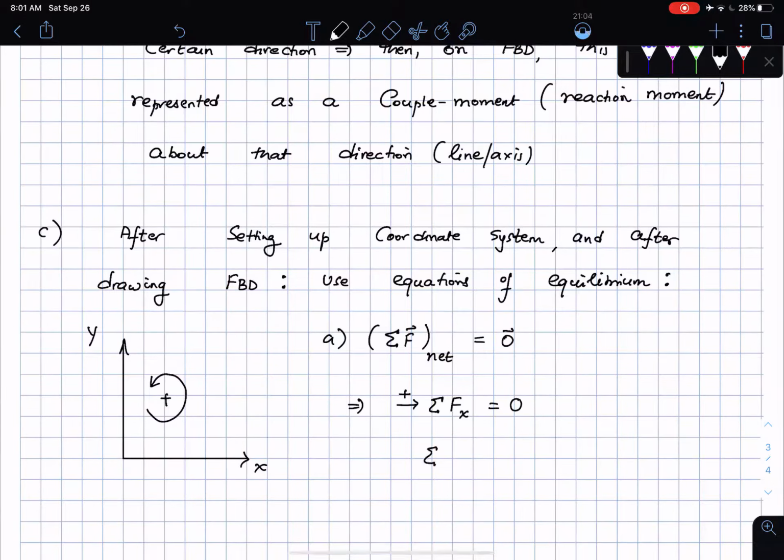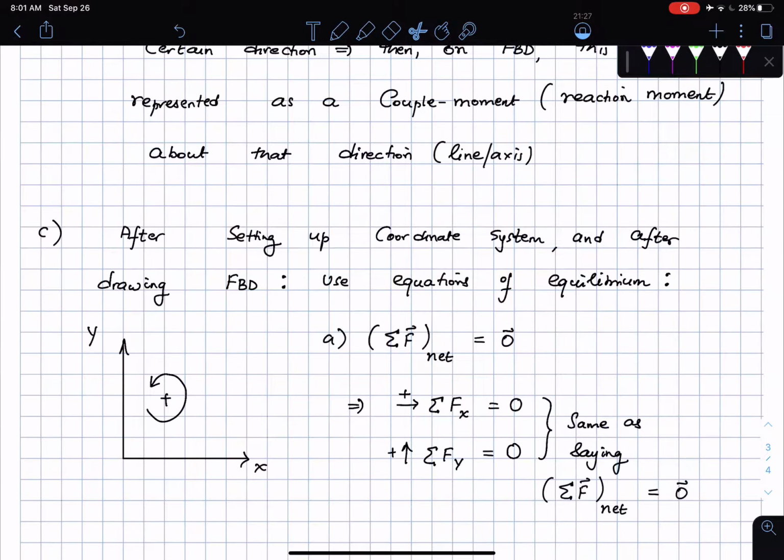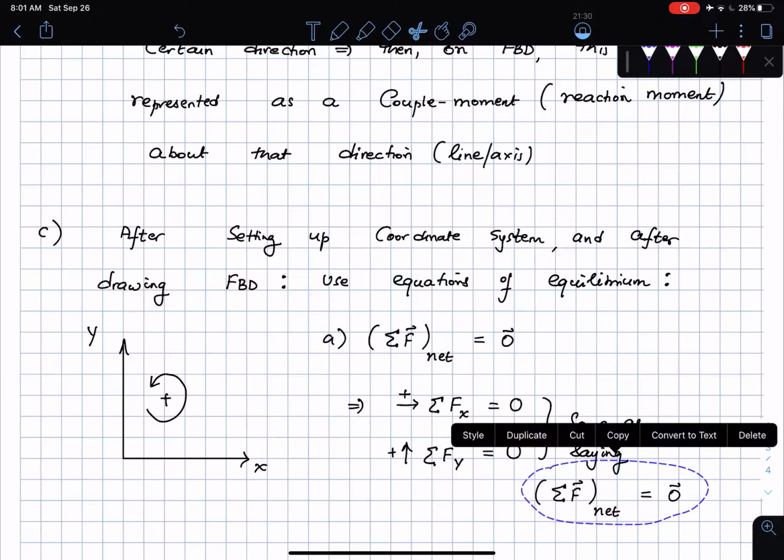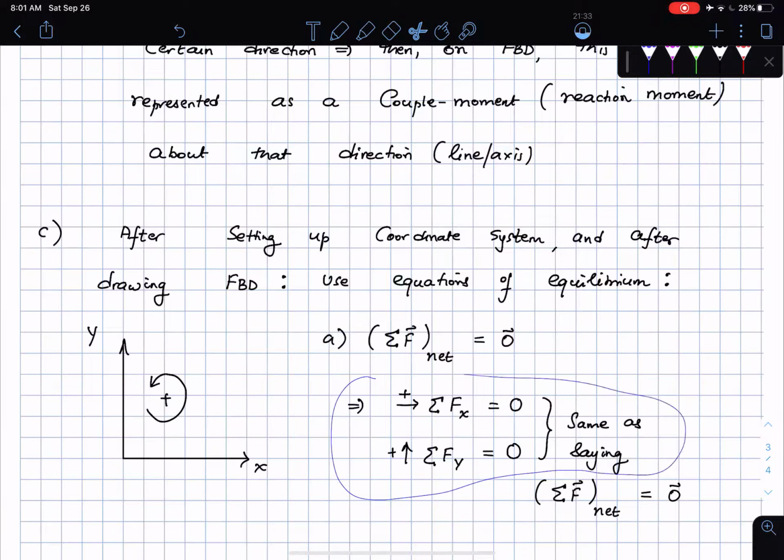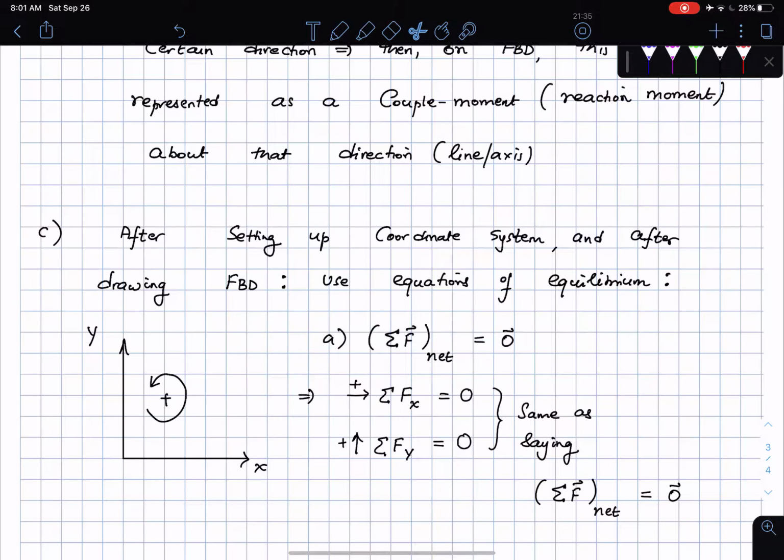And if I take all the forces acting in the y direction with the forces pointing upwards being positive, this will be equal to 0. So these two are the same as saying that the net force is equal to 0. I want to make some space for this, so hang on a minute. I think I can squeeze this in here.